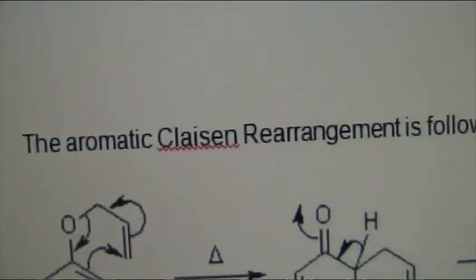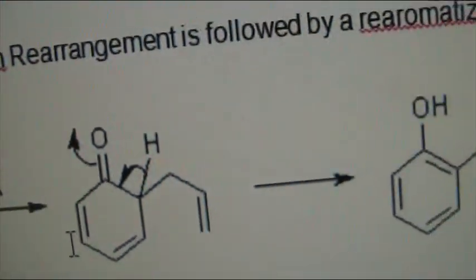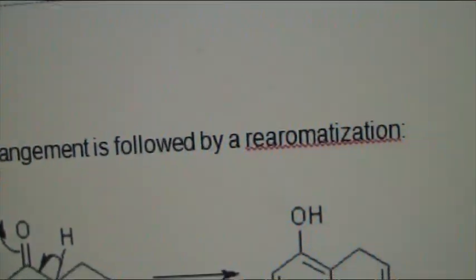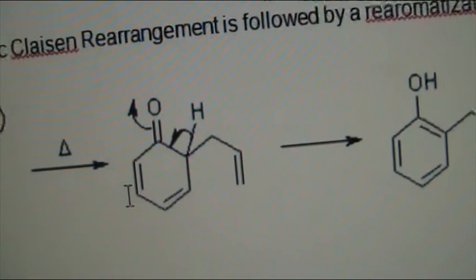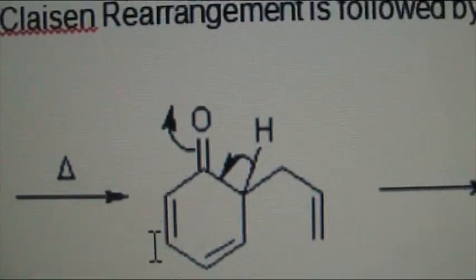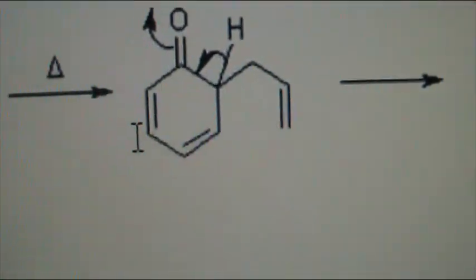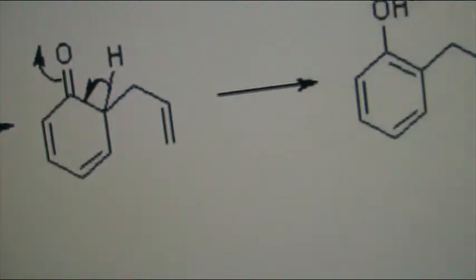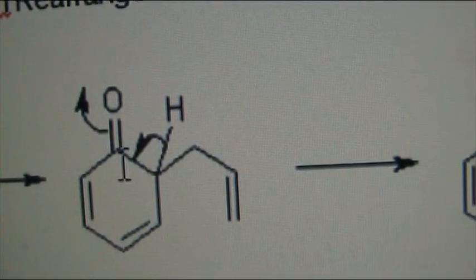This reaction is aromatic Claisen rearrangement followed by re-aromatization. And so we see what happens. There's a funny thing happening here. I'm going to show you. Yes, very good thing. What is happening? This is OH, just OH. And what was here?